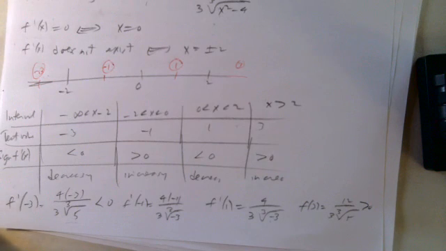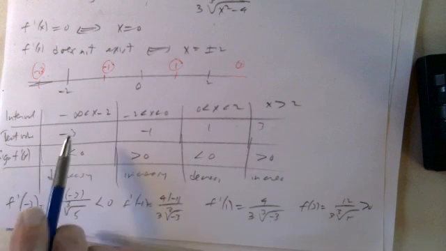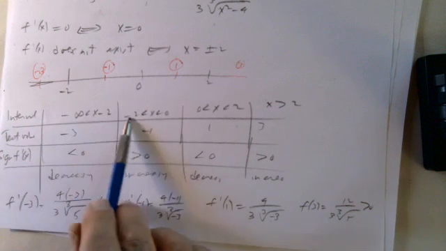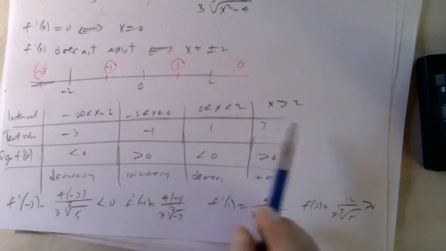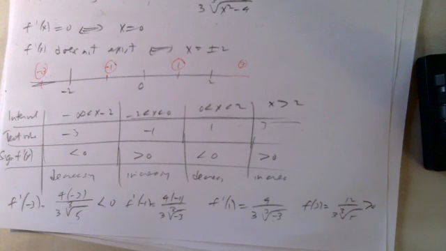So this is increasing. So on this interval, the function is decreasing. Here it's increasing. Here it's decreasing. Here it's increasing again.